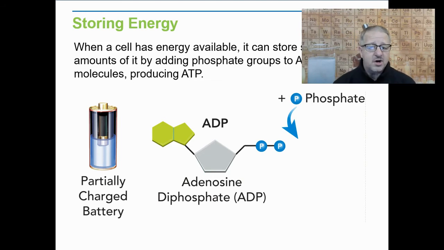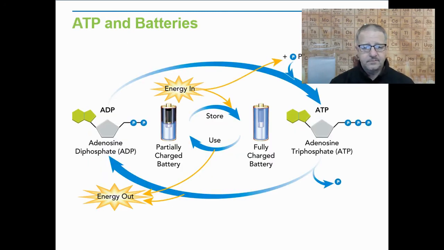Well, like a partially charged battery, ADP can store more energy than it currently has. And in the case of ADP, when a 3rd phosphate group is added, it stores this extra energy in the form of a chemical bond. So the fact that ATP can easily release and store energy by breaking and reforming bonds between the phosphate groups makes it exceptionally useful as a basic energy source for all cells.